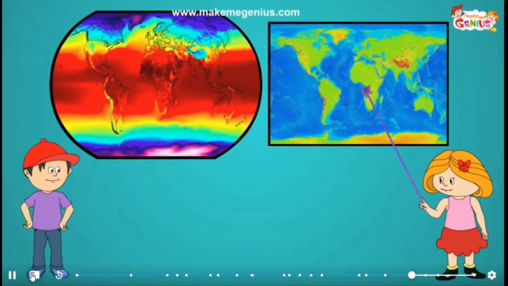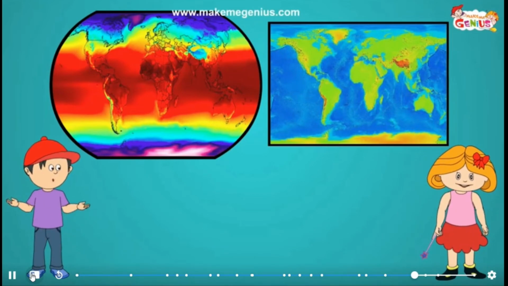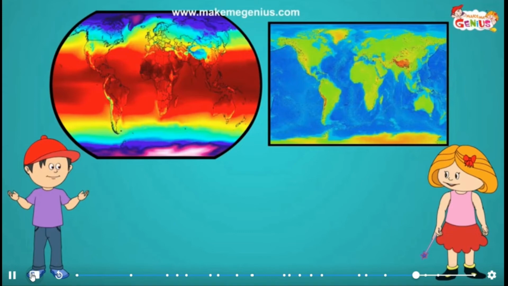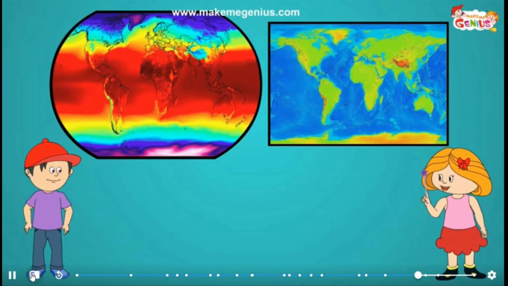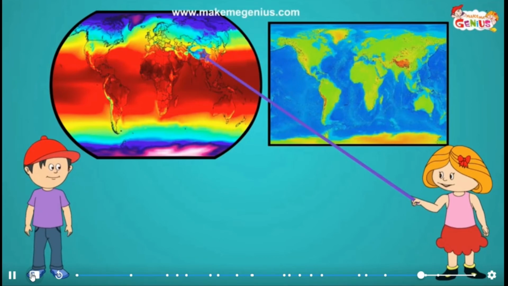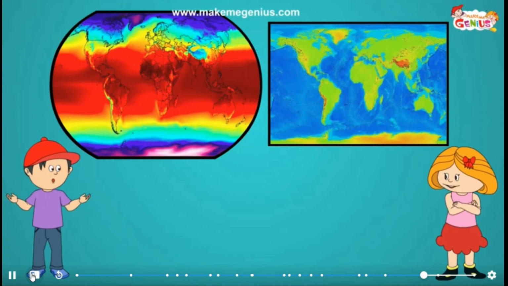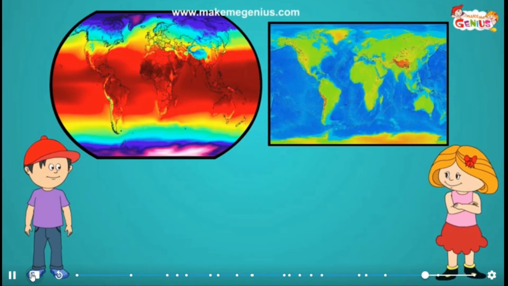Now look at this picture. What do you see in the red color? Oh, these are the Himalayas. Yeah, the place showing lesser temperature in the first picture is the Himalayan Mountains. Now I understand. The higher you go, the colder it is.